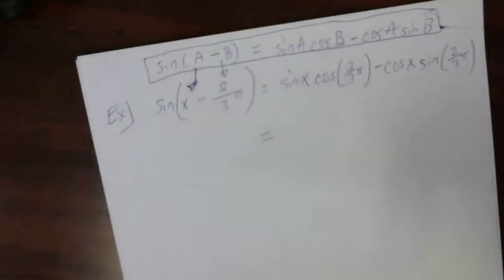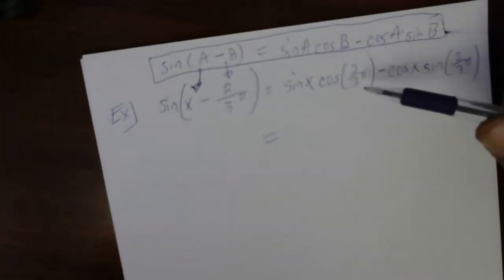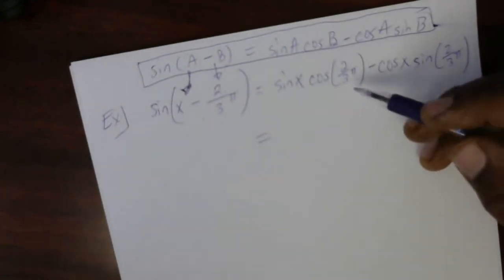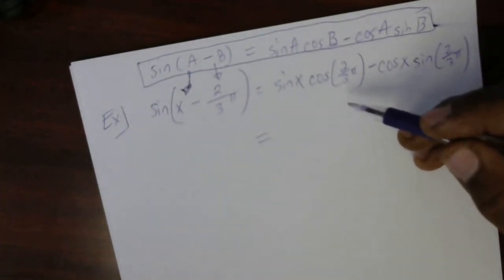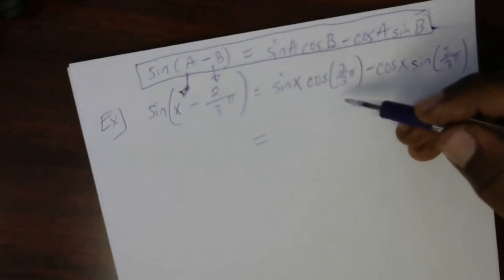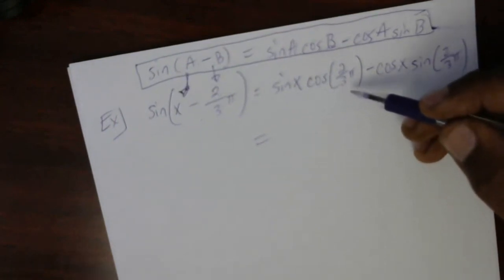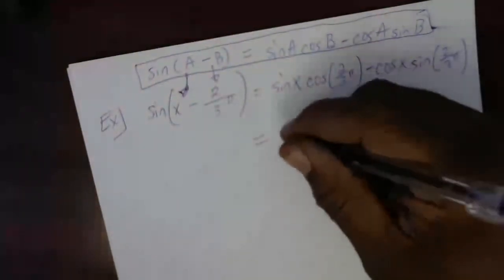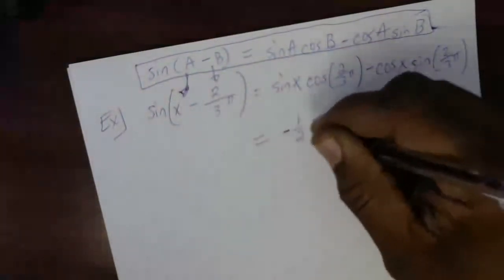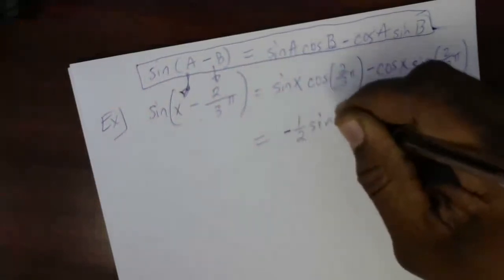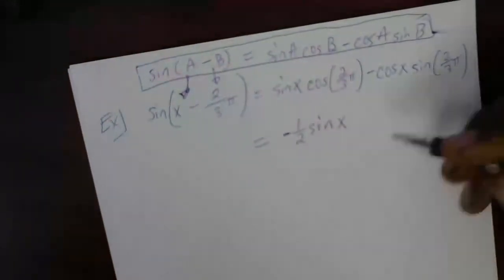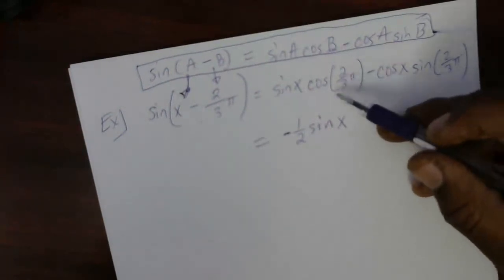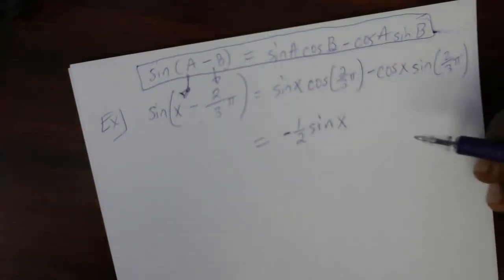I could use a unit circle, or these unit circle function values. 2 pi over 3 is 120 degrees, and the cosine is negative 1/2. So that's negative 1/2 times the sine of x. I can't evaluate the sine of x because x is unknown, but I can evaluate the cosine of 2 pi over 3.